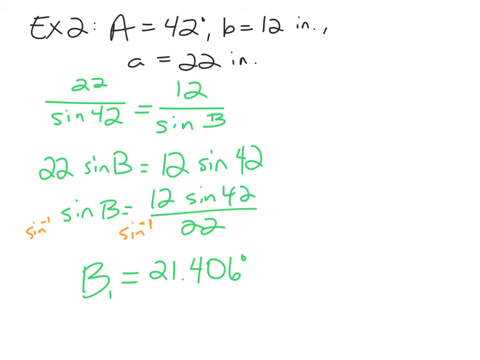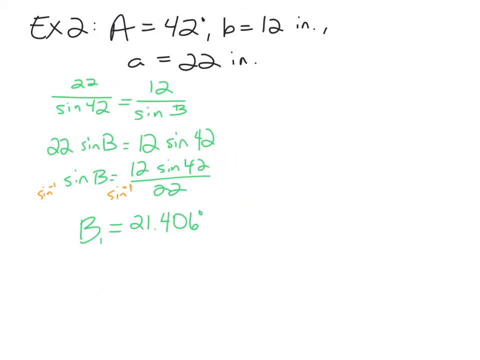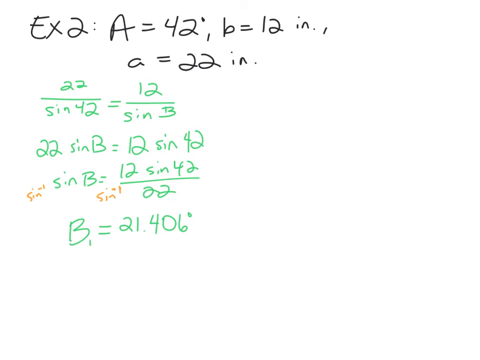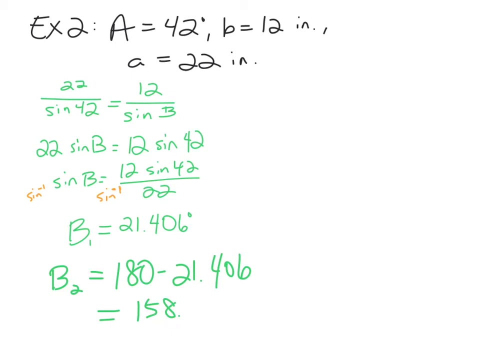But there is a difference in this one, and that is that when we try to find B2, then we're going to get 180 minus 21.406, and that's going to end up equaling 158.594 degrees.